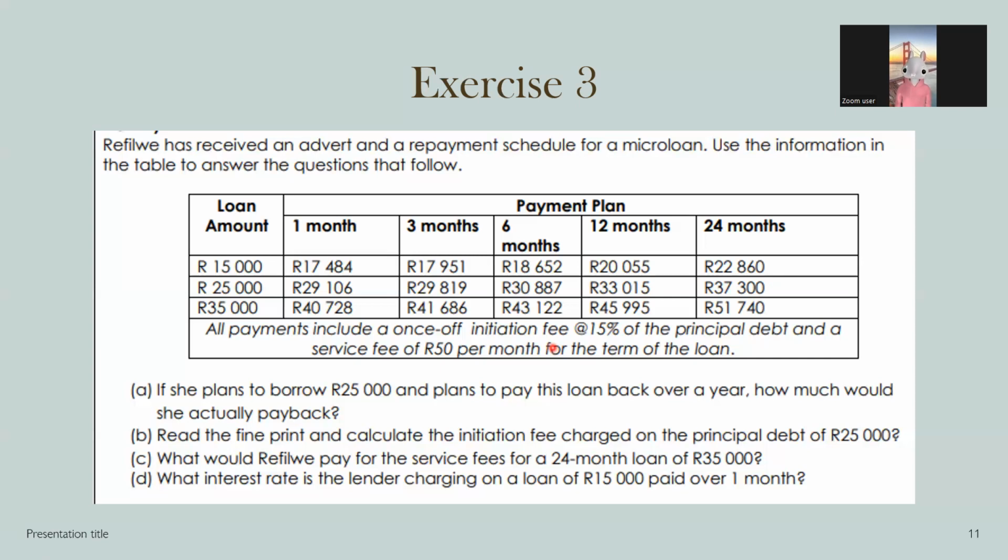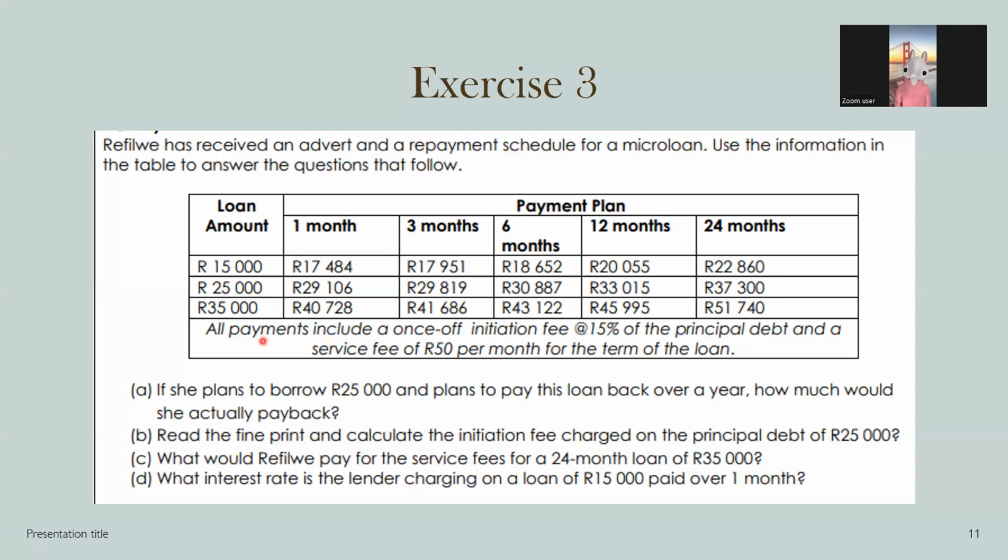Students make a mistake by jumping to the questions. First, try to understand the table, understand the scenario, read the table. Don't miss these small things as well. I know it doesn't look like it's important, but it's actually very important.